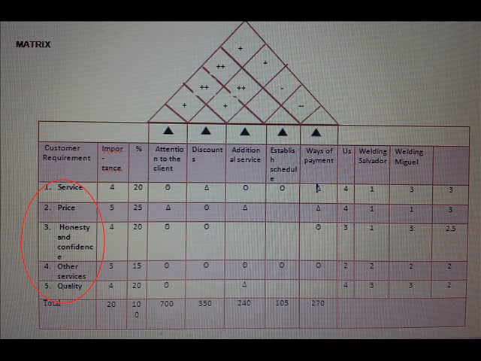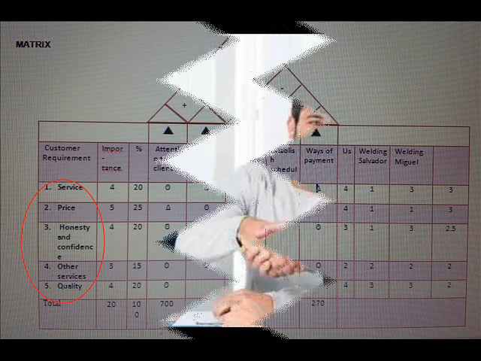Then we are going to evaluate the 5 elements that we as a company can offer. The circle with dot represents a 9, the triangle represents a 1, the circle by itself represents a 3, and a blank space represents a 0.